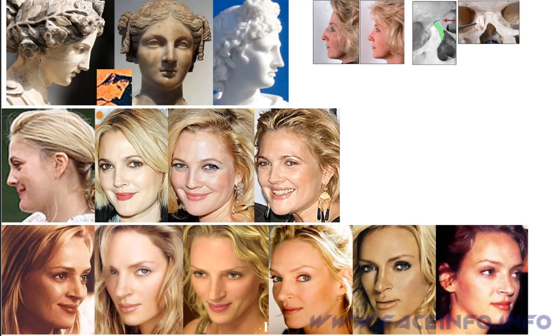But this feature is more or less widespread even nowadays. Have a look at Drew Barrymore. Her forehead median gradually passes to the nasal arch, and it looks almost like a straight line. Another example is Uma Thurman.